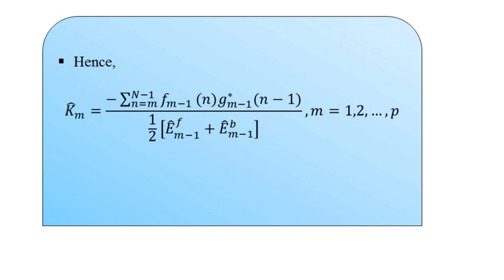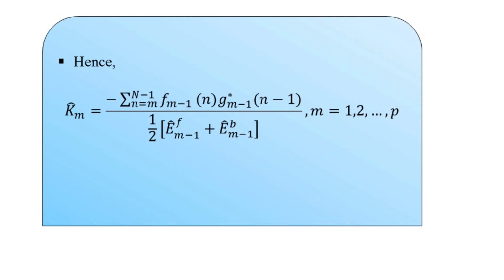The errors are denoted here as capital E cap suffix m minus 1, with the power f, added to capital E cap suffix m minus 1 with the power b. So f and b just represent the forward and backward errors here.